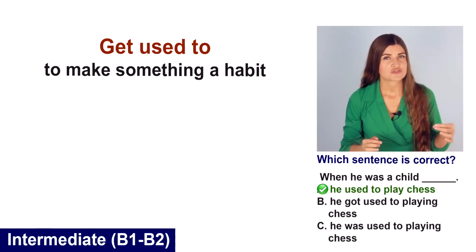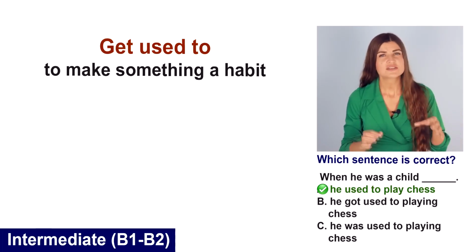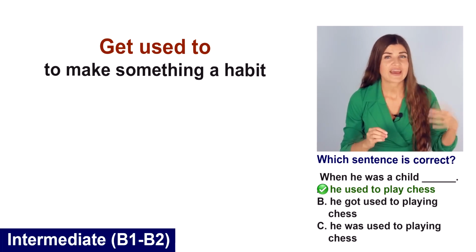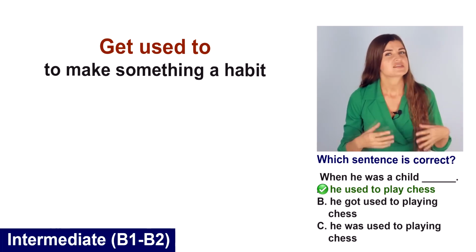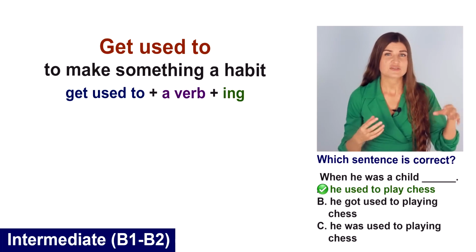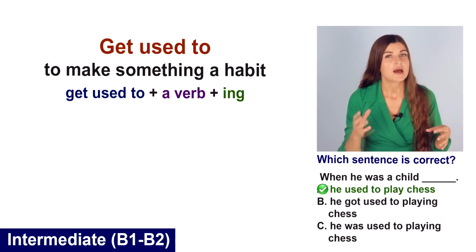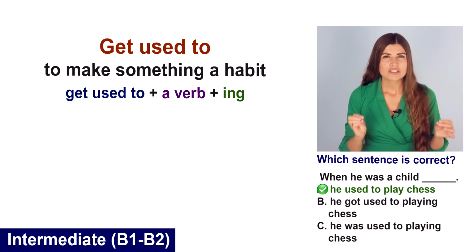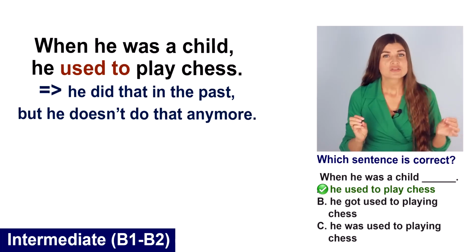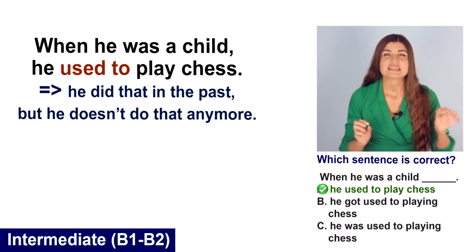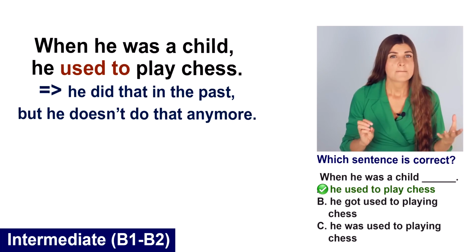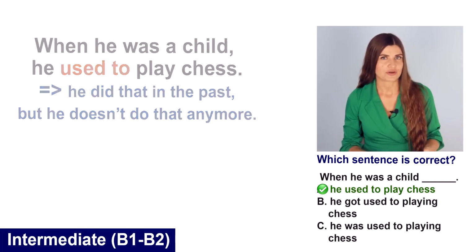Finally, the structure get used to also means to make something a habit. And again, the structure is get used to plus a verb plus ing. When he was a child, he used to play chess. He did that in the past, but he doesn't do that anymore.